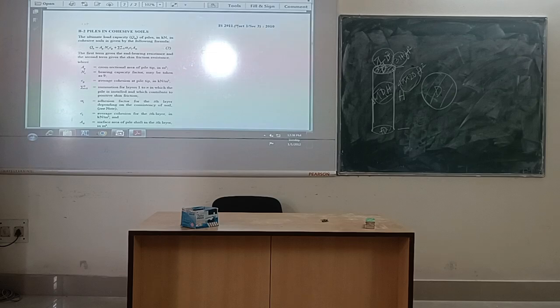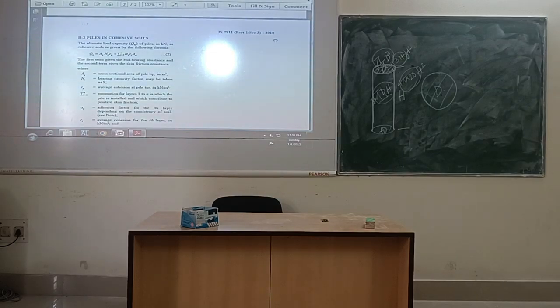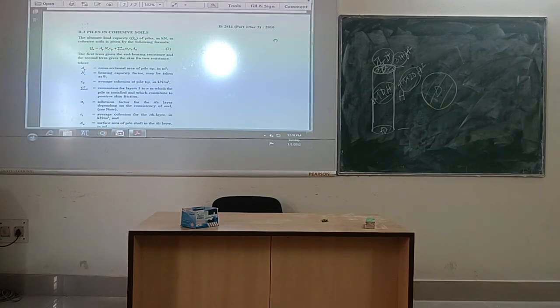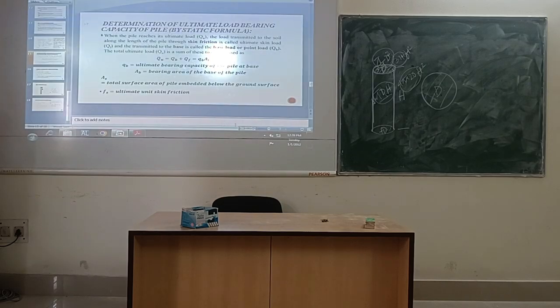Same code, that is IS 2911 part 1 section 3 2010, but on the next page, page number 15, you can find the prescribed formulas and parameters. So you have to give the total reference when you design a pile foundation in your exam, in your projects, or anything else. Is that clear? Okay, so let us again go to the slide.